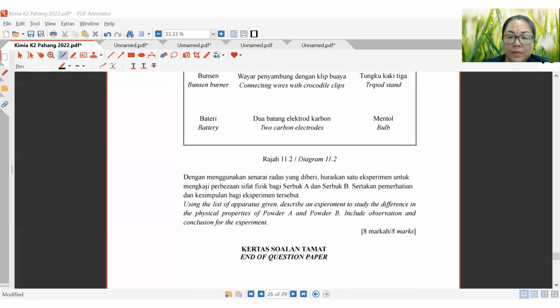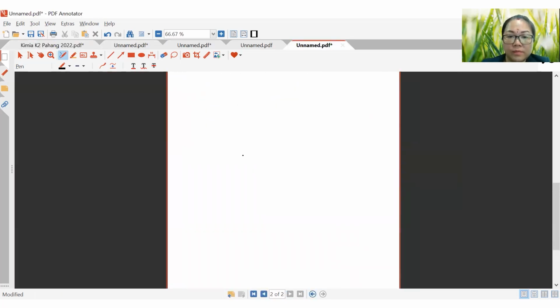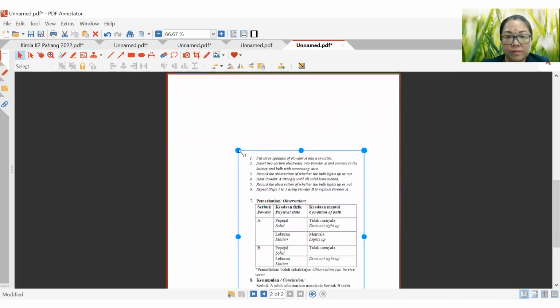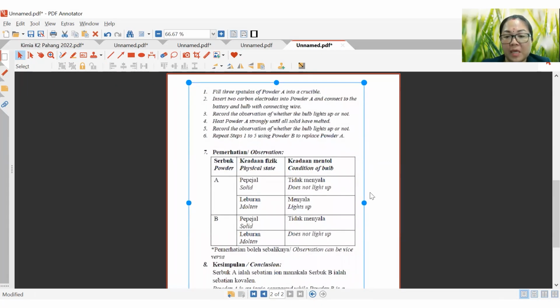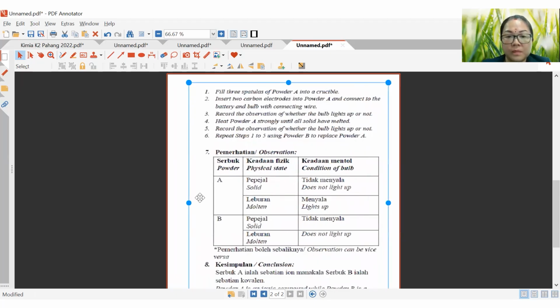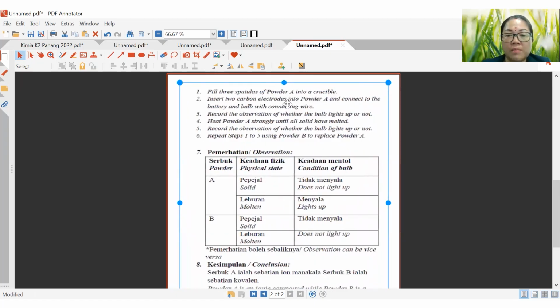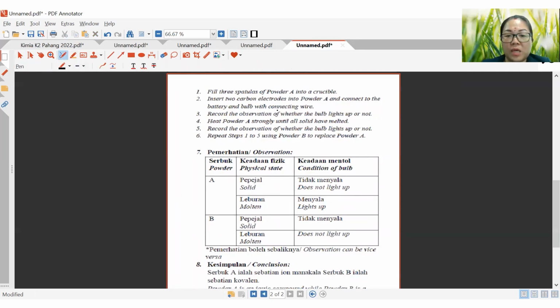Okay, now let's look at how we put this answer. So first we fill 3 spatulas of powder A into a crucible. Insert 2 carbon electrodes into powder A and connect it to a battery and bulb with connecting wire. These are all very compulsory answers you must have. Then we record the observation of whether the bulb lights up or not.